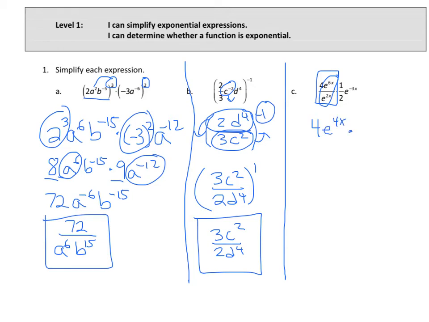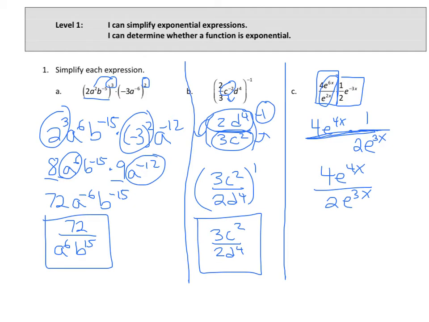And then the next part over here, my e to the negative 3x, I can move that down to the bottom, and it would be 1 over 2e to the positive 3x. And I could think of this as one big fraction where I just have 4e to the 4x on the top and 2e to the 3x on the bottom.